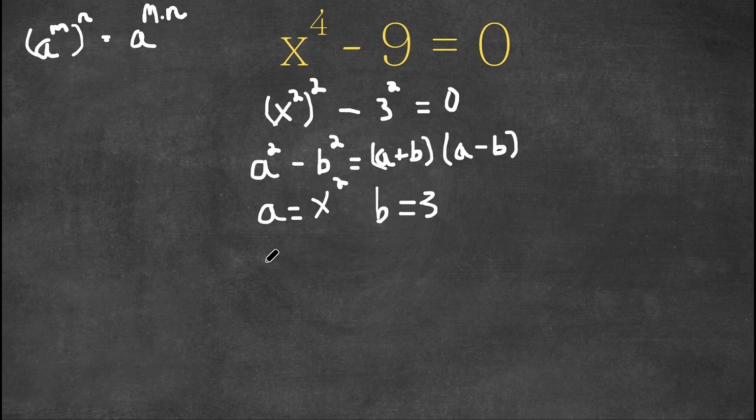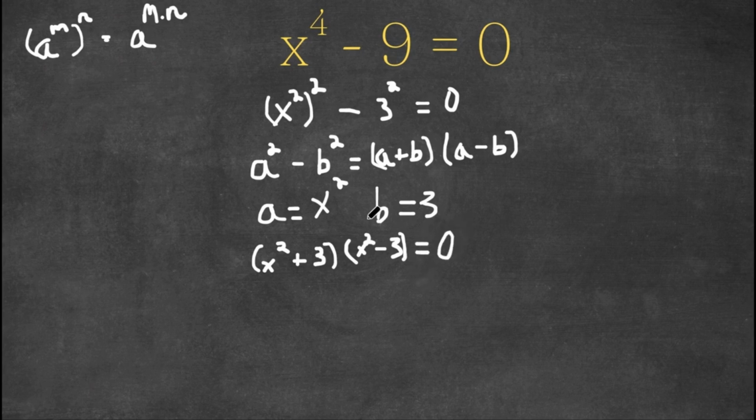So a is x squared, so we have x squared plus b, which is 3, times x squared minus 3.